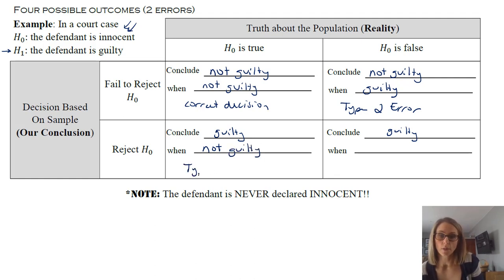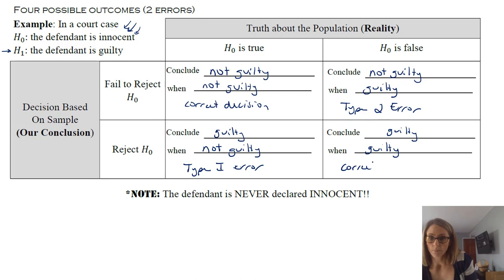And that's what's called a type 1 error. And it's all related to H naught and H1. If, in fact, the defendant is not innocent and you conclude guilty, then you've concluded guilty when the defendant was guilty. And that is a correct decision as well.